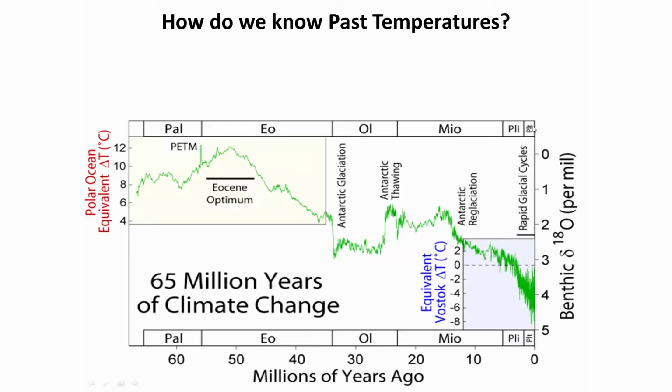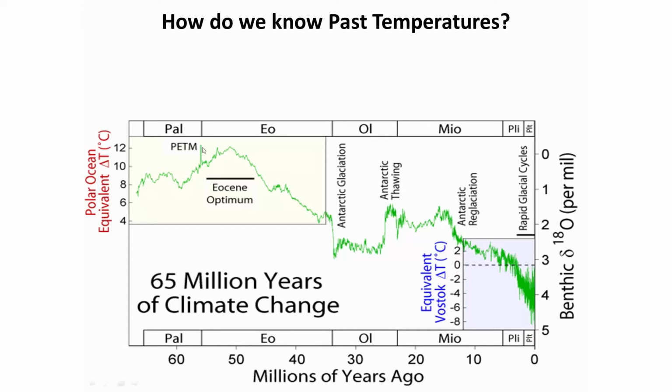And you can see that the temperatures reached a very warm 12 degrees above the current climates in the polar ocean. Imagine how cold the poles are now. And they were that much warmer, 10 degrees warmer, which means there was no ice in the Arctic, there was no ice on Greenland, Siberia was not so cold, Antarctica had no ice, and so on.